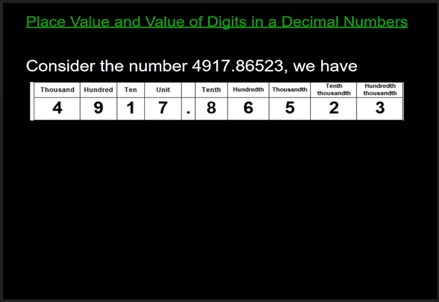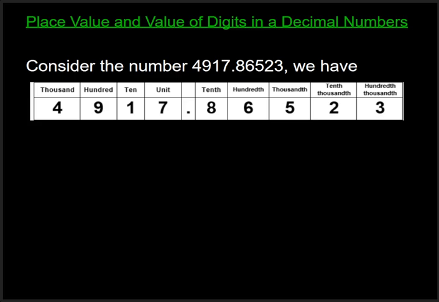So we are still on our series and today we'll be taking place value and value of digits in a decimal number. Recall that we've talked about place value and value of digits in a whole number, where we talked about the units, tens, hundred, thousand, 10,000, 100,000, million, 10 million, 100 million, and so on.